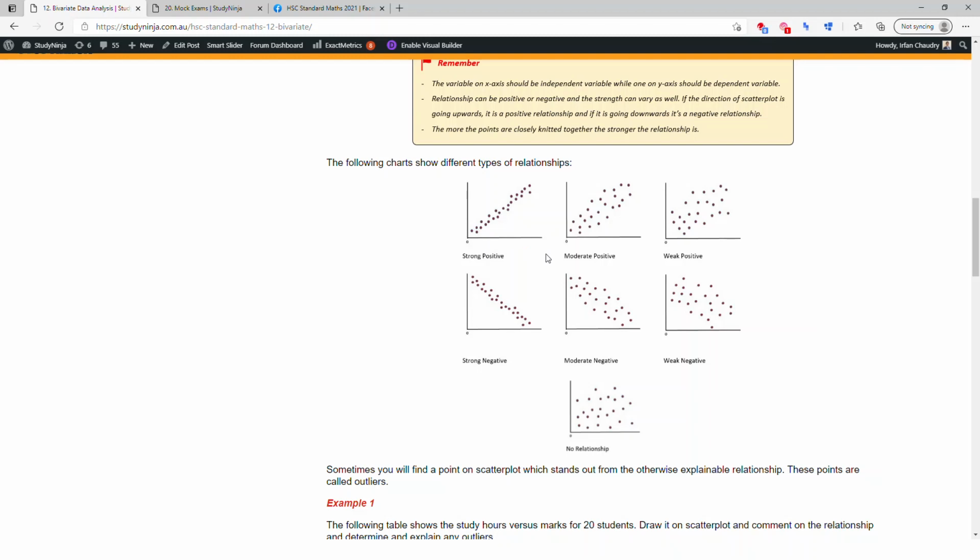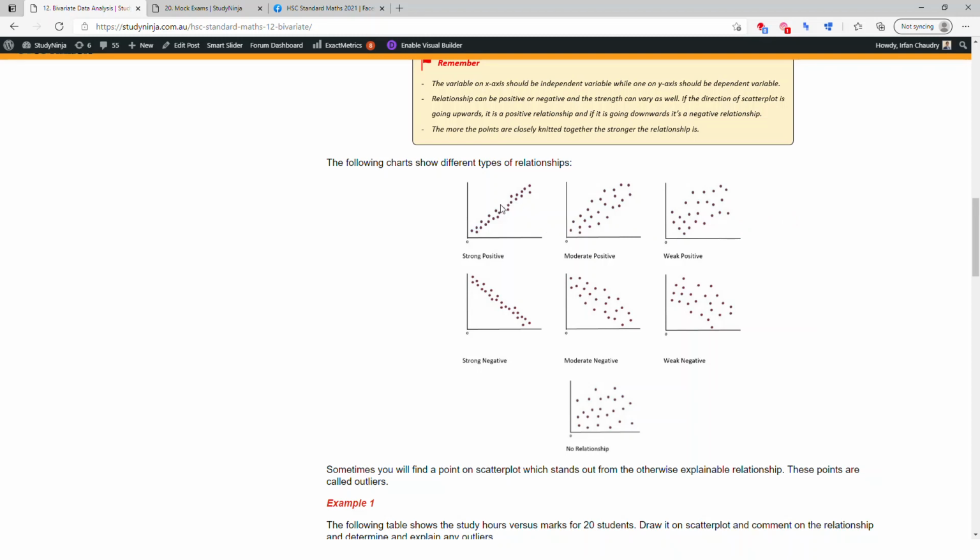So if the value of the correlation coefficient is 1, 1 really means it's 100% correlated. So all of these would be like a straight line. In this case, it's not a straight line, so it's not 1, but it would be closer to 1. And the less knitted the points are, the lower the coefficient's value goes.